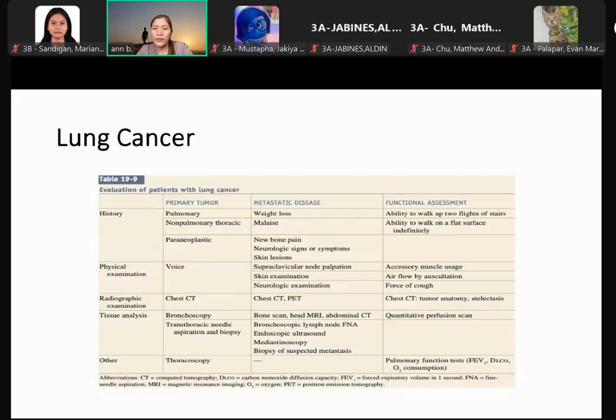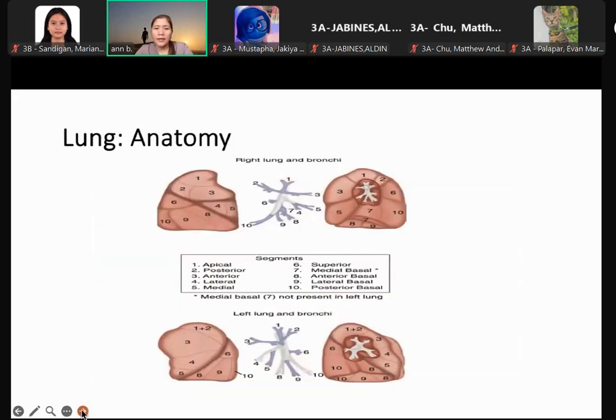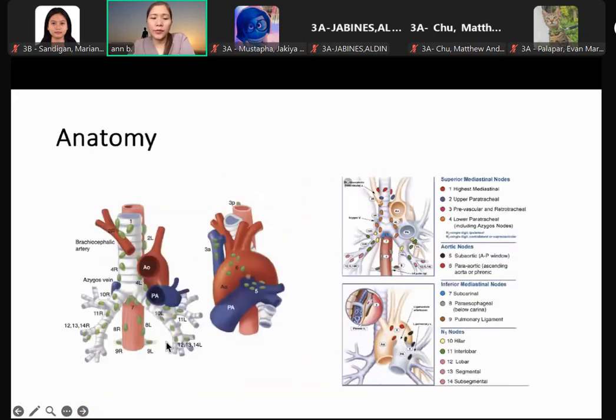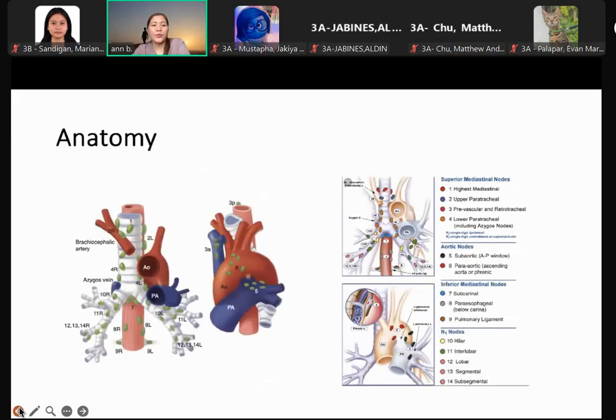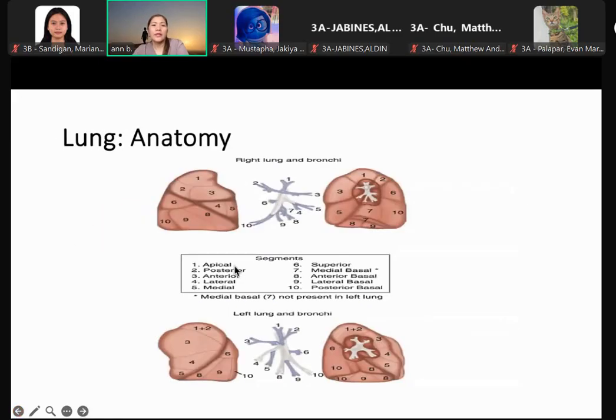So before we go further, we'll have to review our anatomy first. This is just a review. I know you've done it already. So the right lung, you need to know that it has 10 segments. Both right and left have 10.